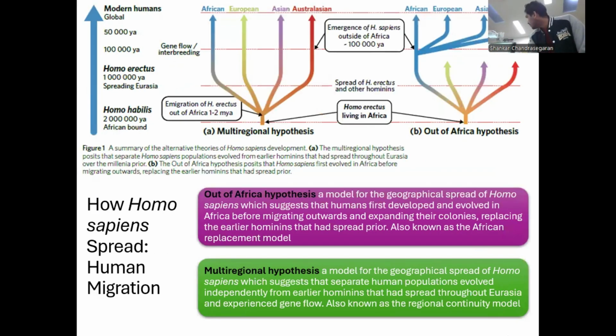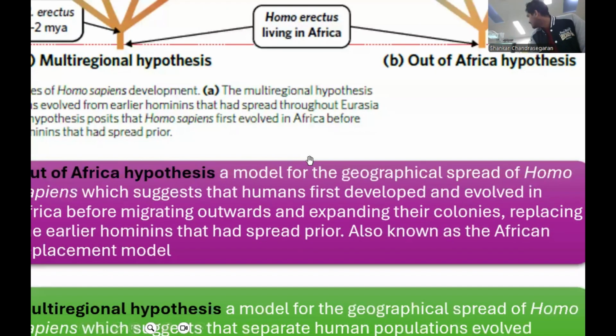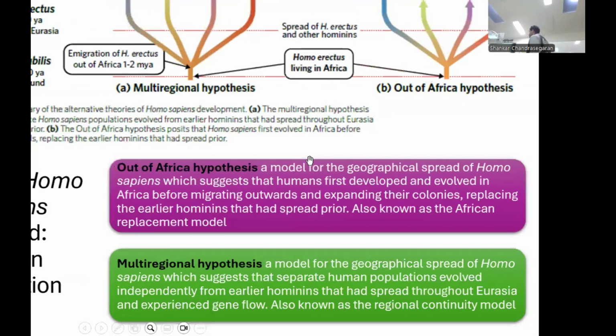Right, so this is talking about what each hypothesis is basically explaining. The out of Africa hypothesis model shows that Homo sapiens first developed and evolved in Africa and were there for a certain amount of time, and only after that did they expand into different regions of the earth, actually spreading out, migrating, immigrating into different populations and eventually even replacing the earlier hominins that had spread there.